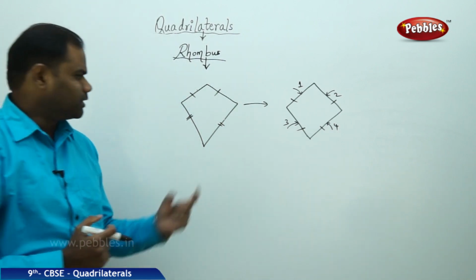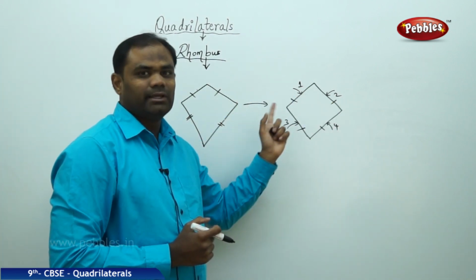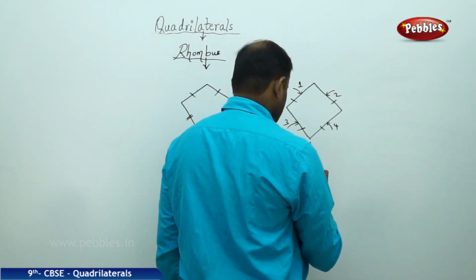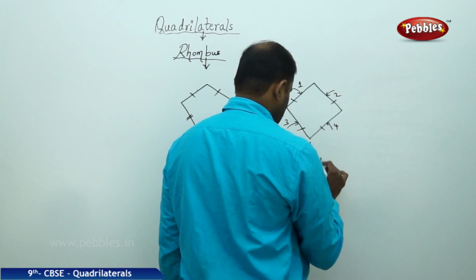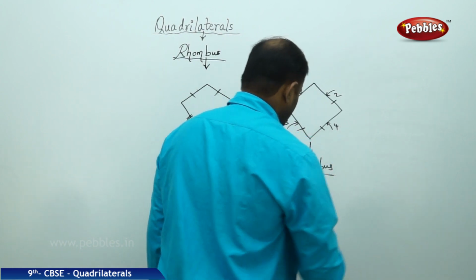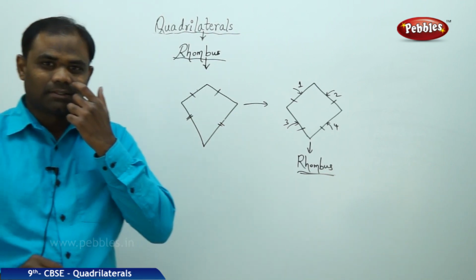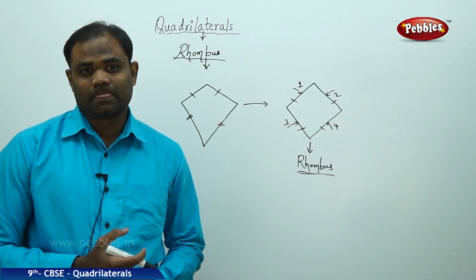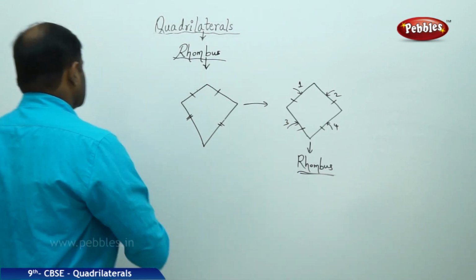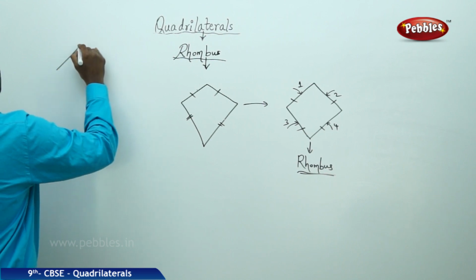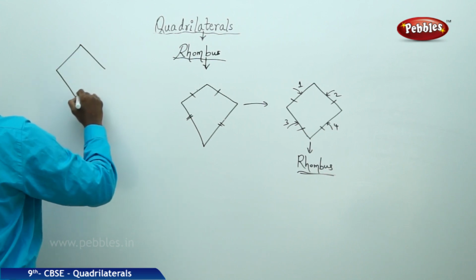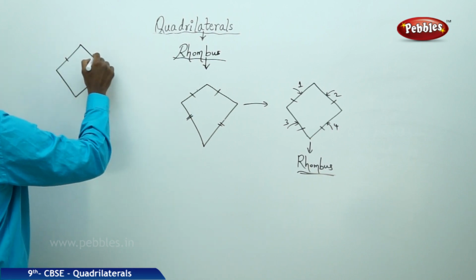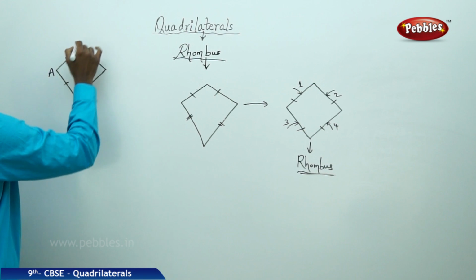A kite in which all the sides are equal is called a rhombus. So this figure, when formed, is called a rhombus. A kite whose all sides are equal is called a rhombus. Here my rhombus is in the shape of a diamond with all sides equal.